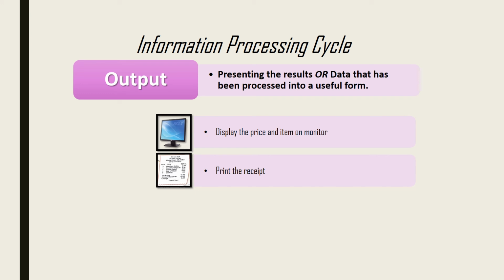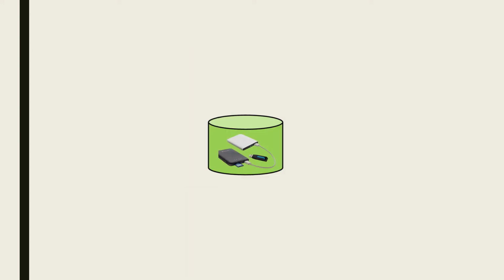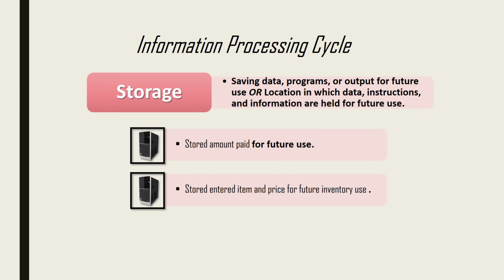Now, let's detail out what storage is. In the information processing cycle, storage is saving data, programs, or output for future use. Or it is also referred to as the location in which data, instructions, and information are held for future use.